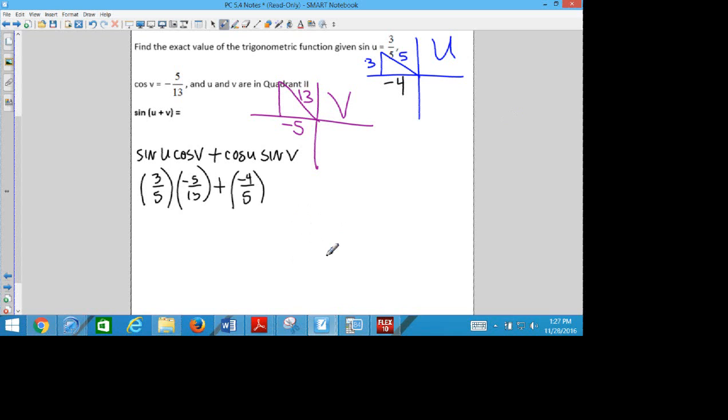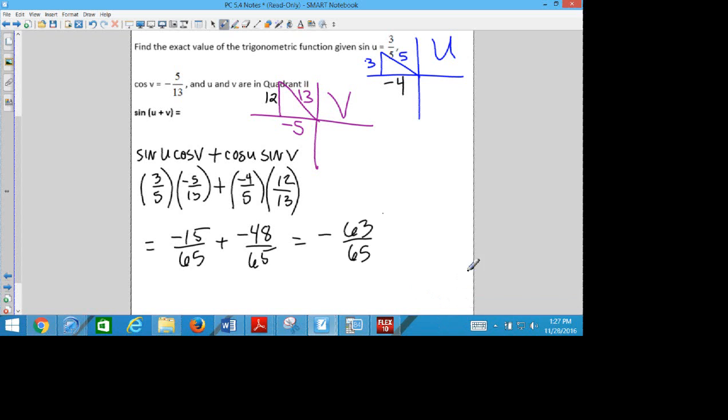I'm going to go to the v triangle and find the y value, which is 12/13. So what if they were not triples? Pythagorean theorem, right? So now I just multiply and simplify. Negative 15/65 plus negative 48/65 is negative 63/65.